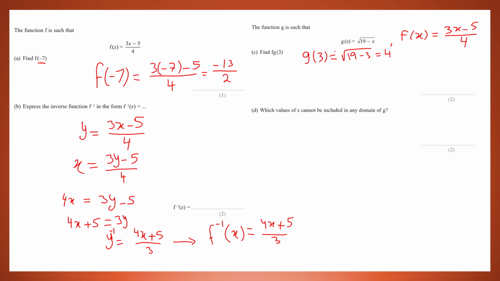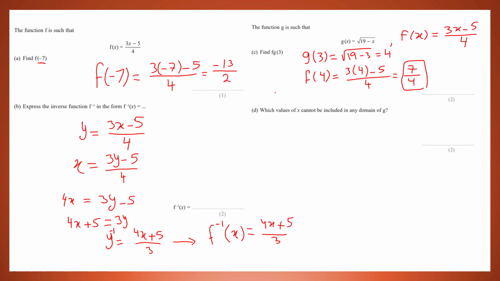You're going to replace each x by 3 in the first letter, and then the result you got from g of 3, which is 4, you replace in the f. So now I need to find f of 4. It will be (3 by 4, then minus 5) all over 4. So it will be here 12 minus 5, which is 7. So it will be 7 out of 4, or it can be written as a decimal.